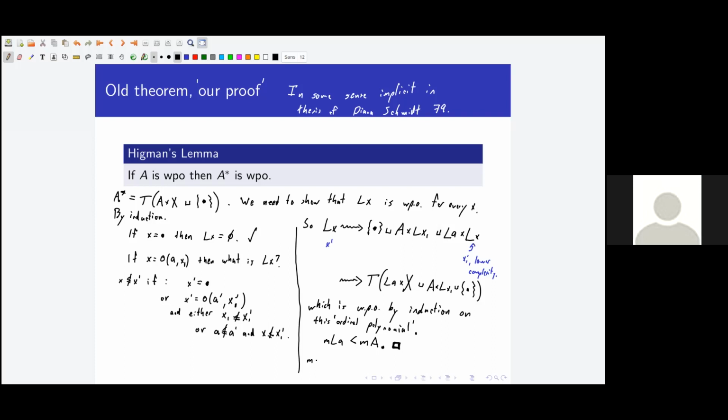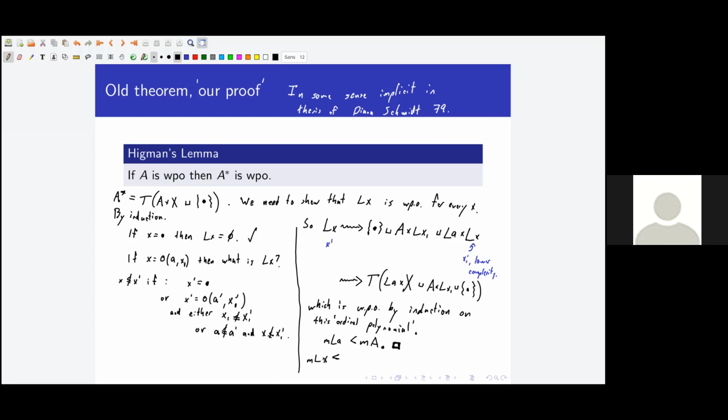these order types of the maximal order type of A. Oh yeah, that's fine. The maximal order type of A using these X's.